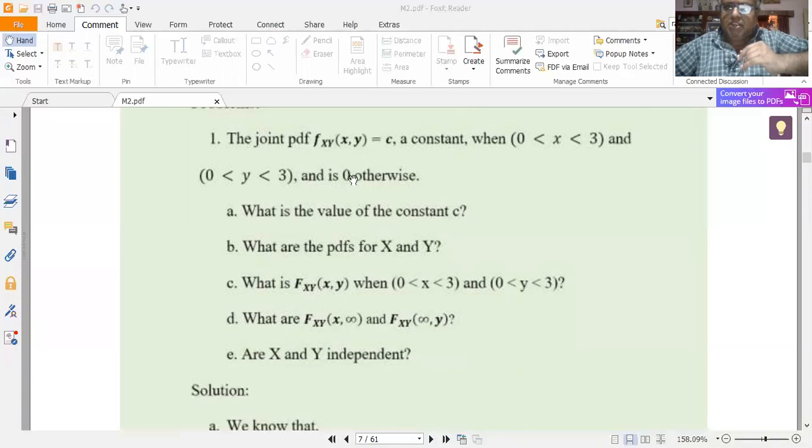In order to find the value of the constant c, I have to assume that f_XY(x, y) is a valid or legitimate joint PDF, or bivariate PDF.